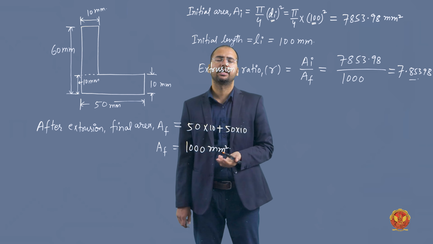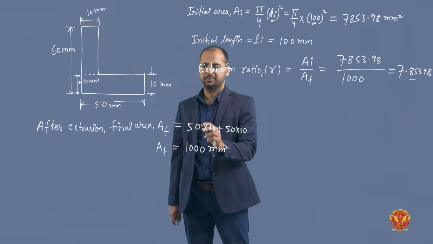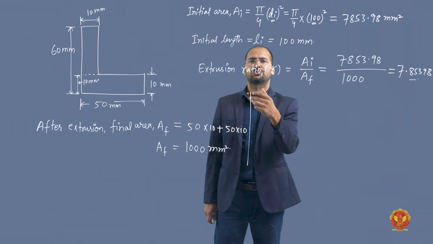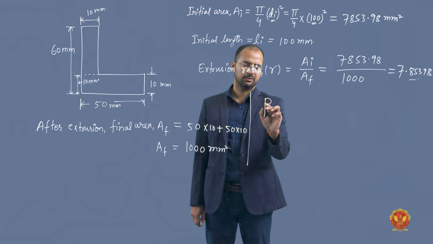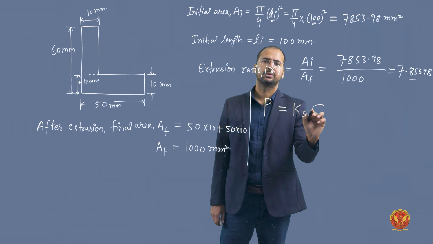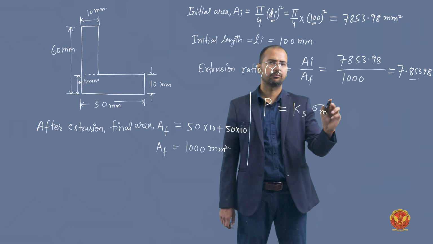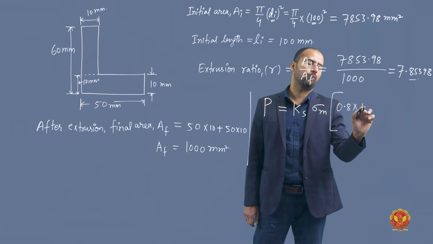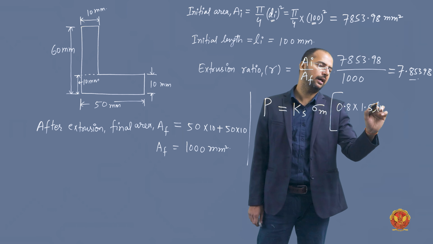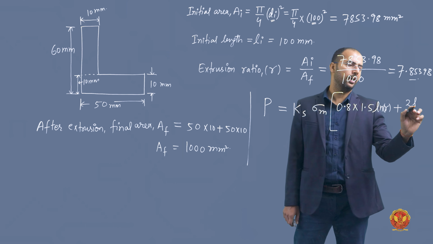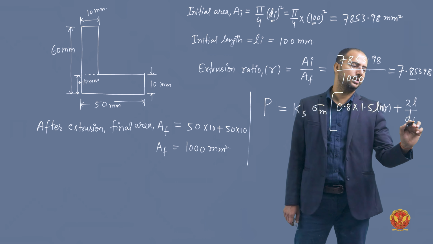Now in the question itself they have given the total extrusion pressure. So total extrusion pressure stands by this formula: P is equal to Ks into sigma m multiplied with 0.8 plus 1.5 ln R, where R is the extrusion ratio here, plus 2L divided by d0.